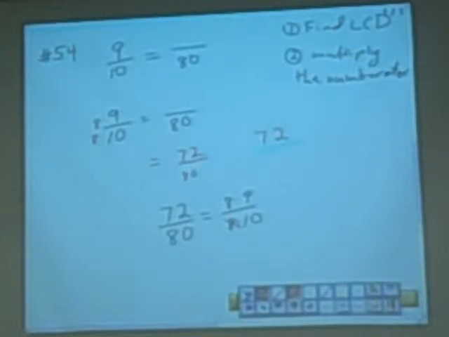The 8's cancel out, and you end up with what we started with, 9 over 10. That's as simplified as you can get. So it works both ways. Our answer for this problem is 72. Any questions with that?